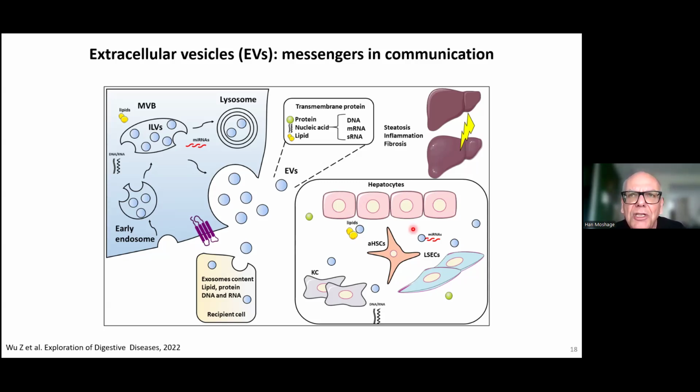Again, using the Kupffer cells, the macrophages, as an example, the content of extracellular vesicles released from Kupffer cells in a normal liver is different from the content of the vesicles released from activated Kupffer cells. The same is true for stellate cells. The content of vesicles of resting quiescent stellate cells is different from the content of activated stellate cells.